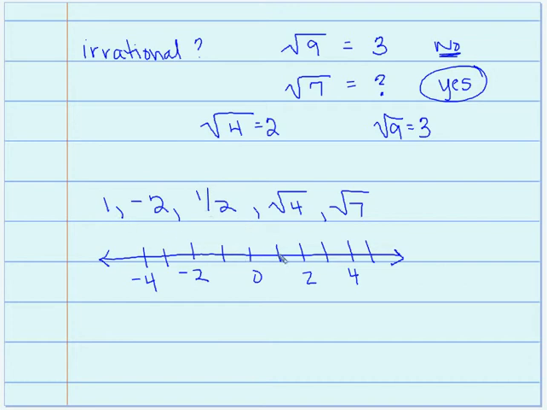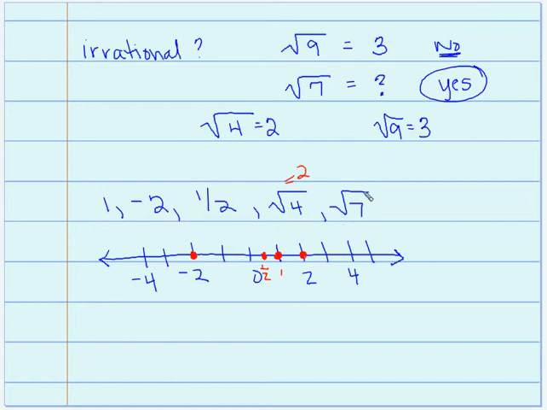So where is 1? 1 is right here. Where is -2? -2 is right here, and it's already labeled for us. Where is 1/2? That would be right here. Where is the square root of 4? Well, we know that better as 2, so we're going to put a point on 2.